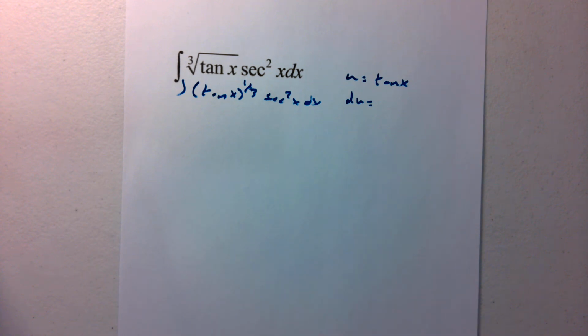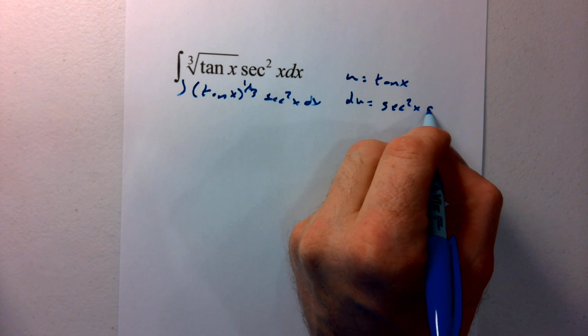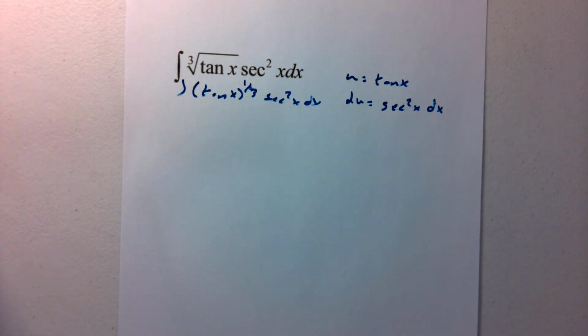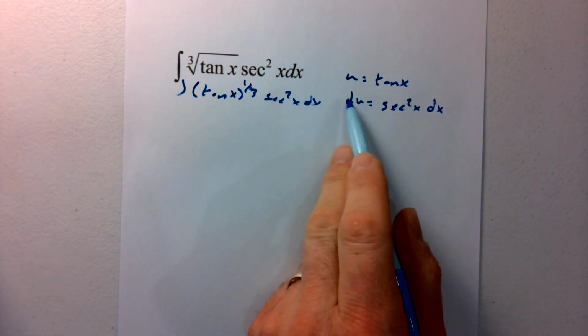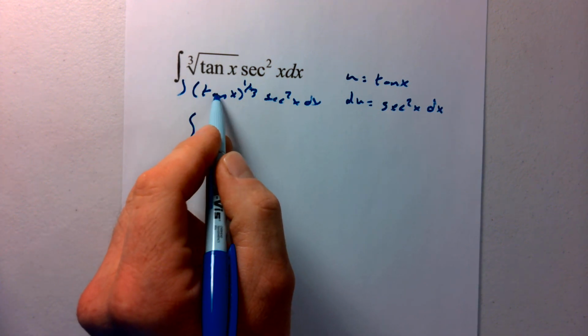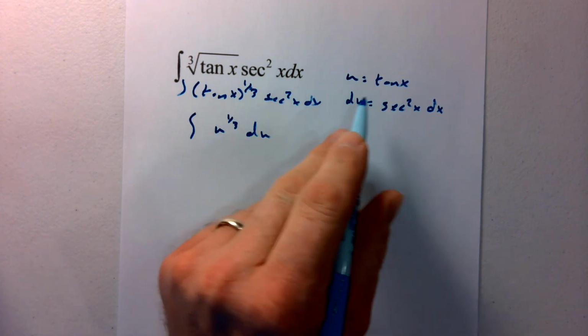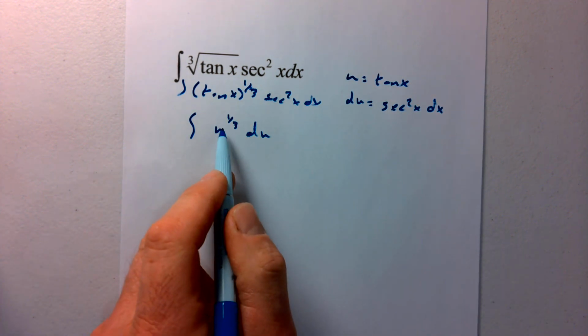And I just also happen to know the derivative of tangent x is secant squared of x dx, isn't it? So here I've got my integration, exact substitution. So I'm going to replace my tangents with u to the 1/3, and my secant squared x dx goes to du.